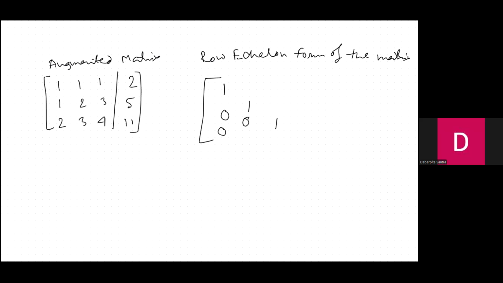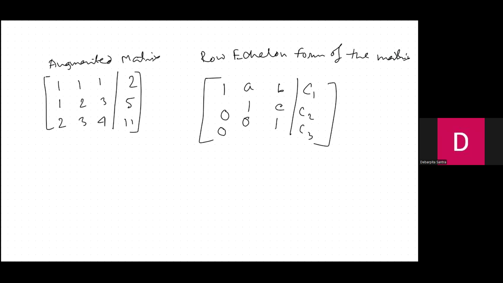Above the diagonal elements the values may be anything. So that is the row echelon form of the matrix.